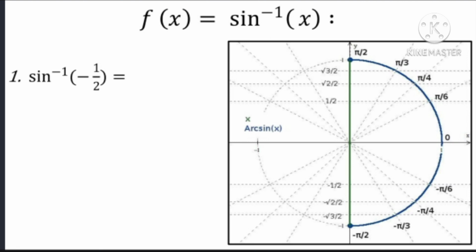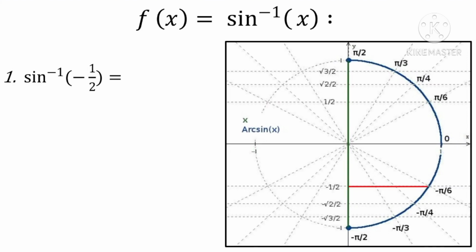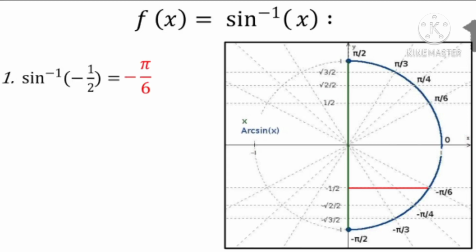The first quadrant is 0 to pi by 2 and the fourth quadrant is minus pi by 2 to 0. Sin inverse of minus half we want to find. Now minus half corresponds to minus pi by 6. Therefore sin inverse of minus half is minus pi by 6.